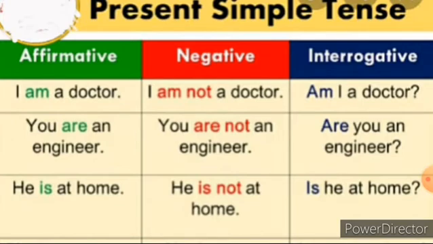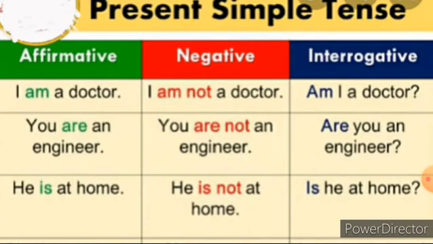Look at the next one. I. Which person is it? First person. I is the first person singular. So which is the verb we have used here? Am. I am a doctor. And the next one is you are an engineer. You is the second person.